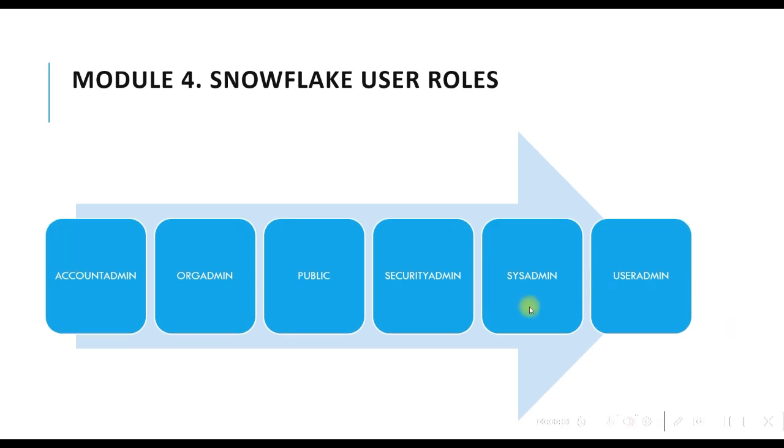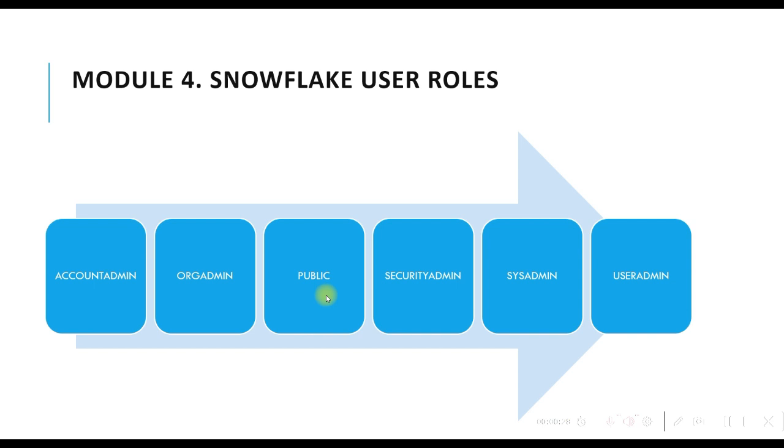So let's talk about account admin. Account admin is the top-level role, taken care of by system admin and security admin. Basically it is used to create, manage and grant other roles. If we talk about org admin, this is the organization admin. It manages operations at the organization level and creates and views all the accounts.